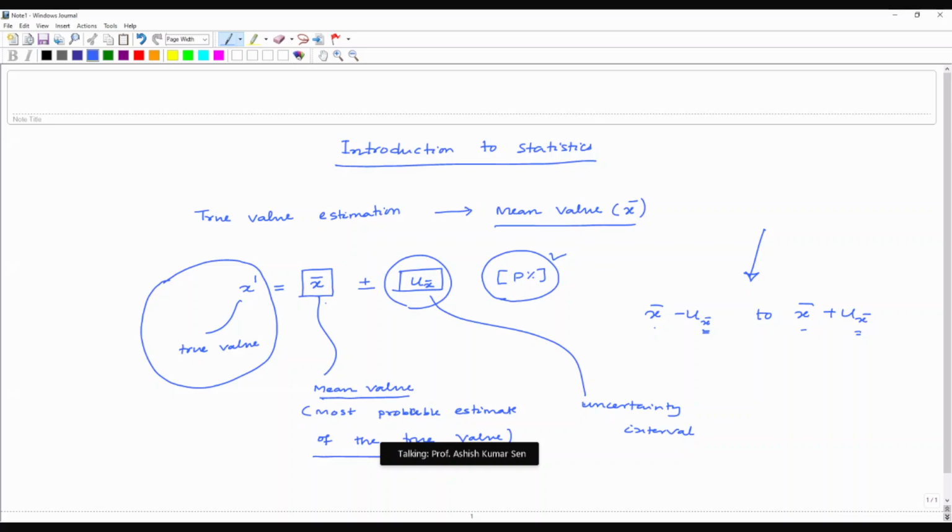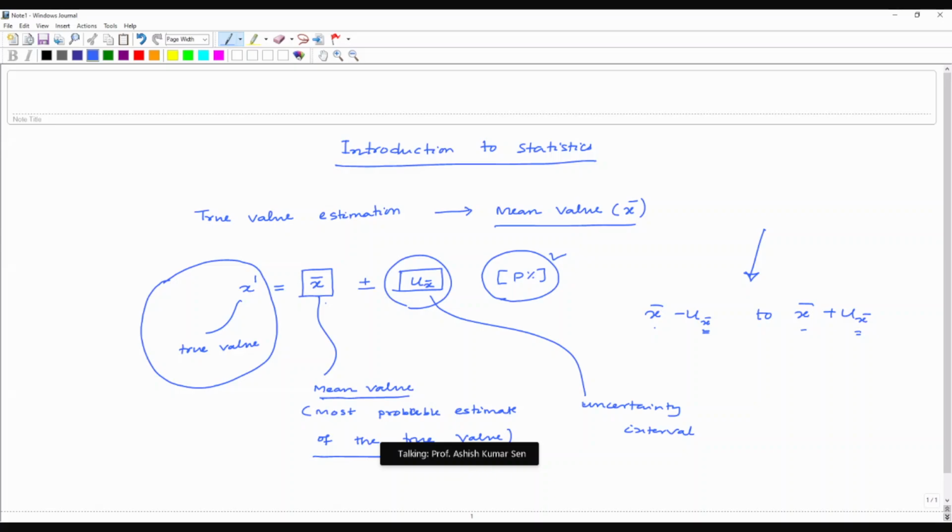Okay. So if you measure the temperature of a surface, right, and you want to know the true surface temperature, your data, let's say you measure 10 times or 20 times, will be scattered, right? The data is scattered because of the random uncertainty, right? We talked about random error.